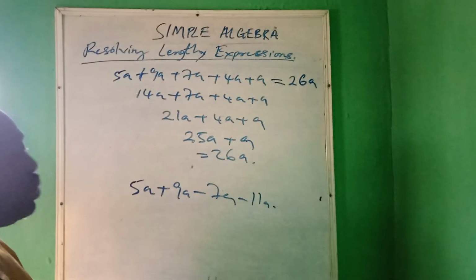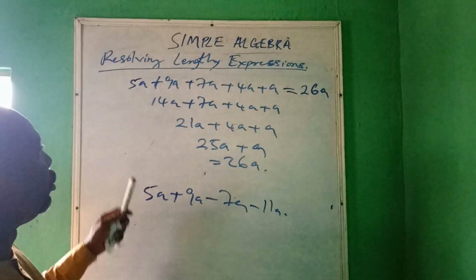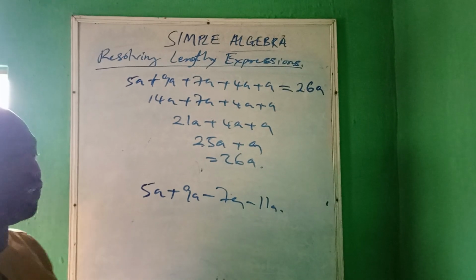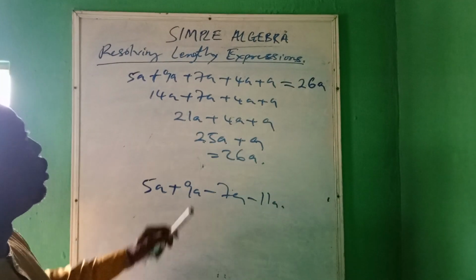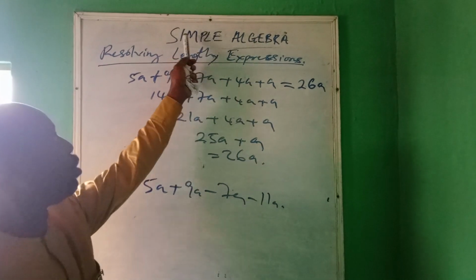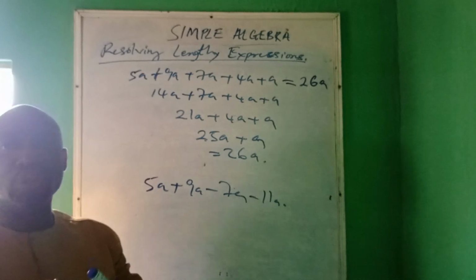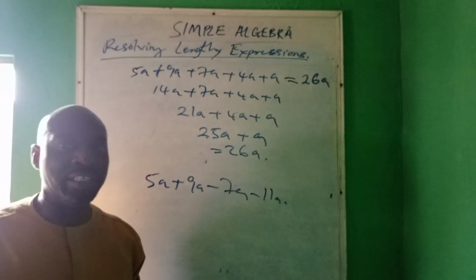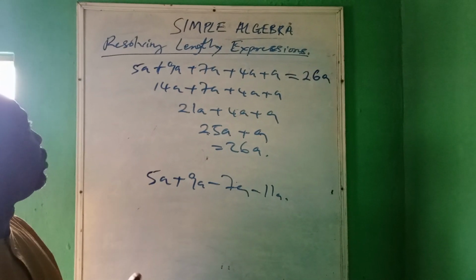Then after that, we'll do directed numbers in basic operation. Then with your simple algebra, directed numbers, and directed numbers with basic operations, by the time you've learned this very well, we will now come back to algebra. Then it will not be called simple algebra. It will not just be called algebra. It's still going to be simple, but if you do your directed numbers very well, it's going to be very simple.